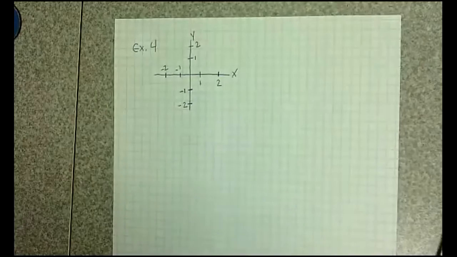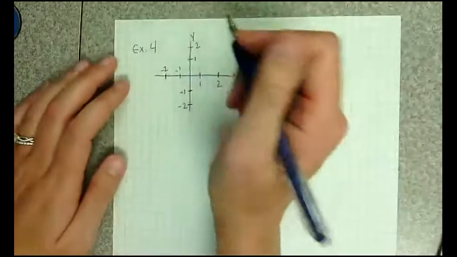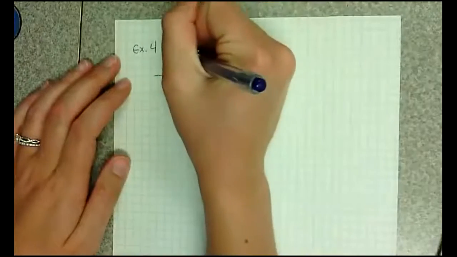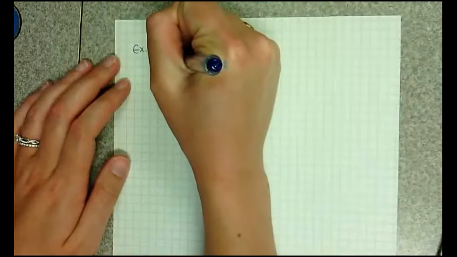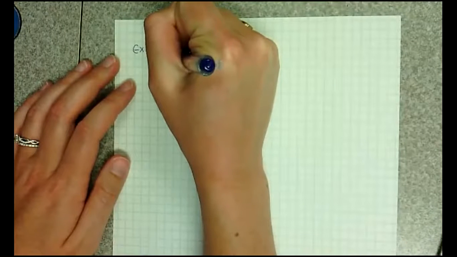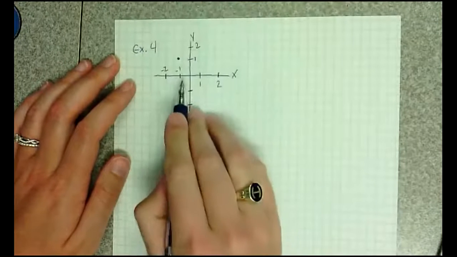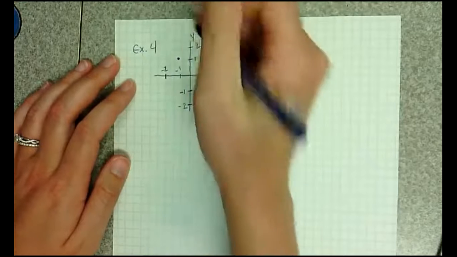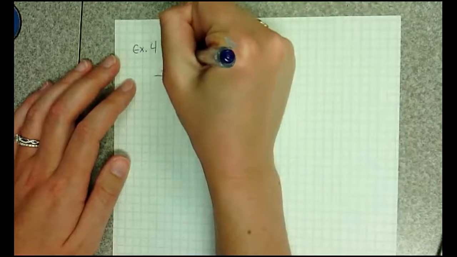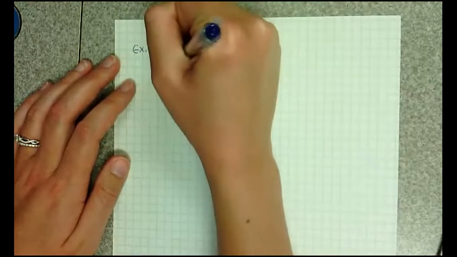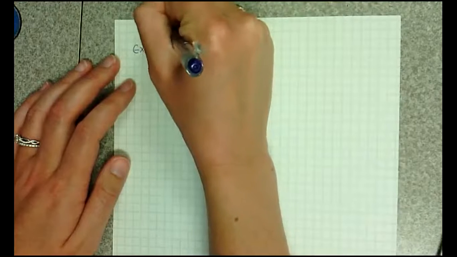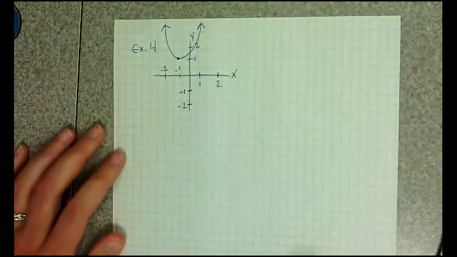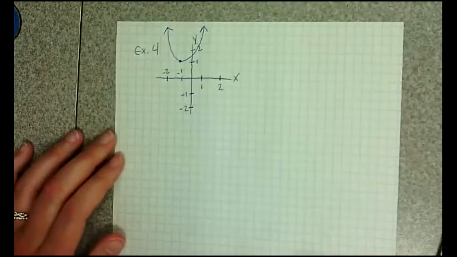Awesome. So let's go ahead, let's draw this graph in. So our graph is gonna have a point at -1, 1. And then it's gonna go up. That is kind of lopsided. Hopefully your graph looks better.